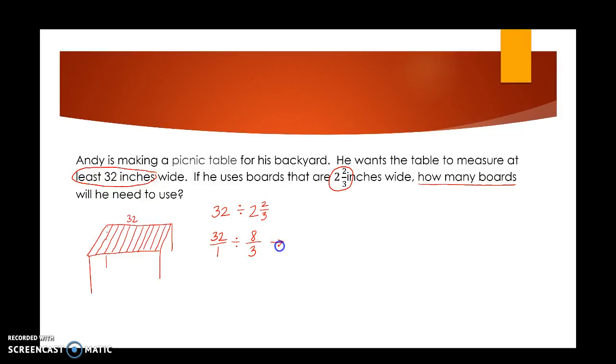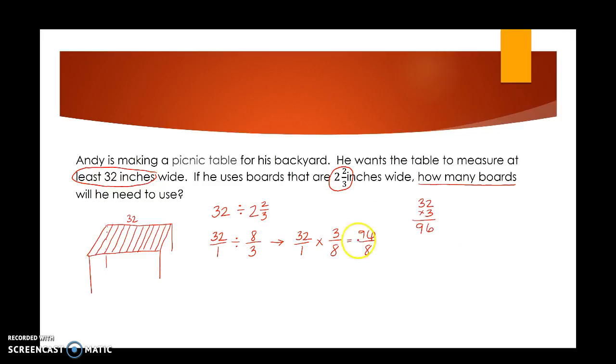But instead of dividing fractions, we flip them so that we multiply instead. So then I multiply across. So I'm going to do 32 times 3, and then 1 times 8.